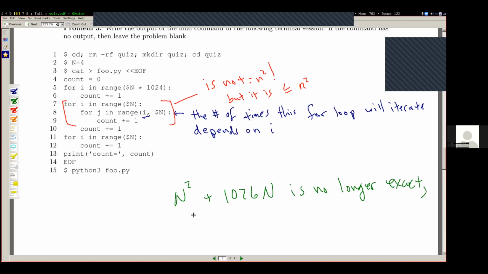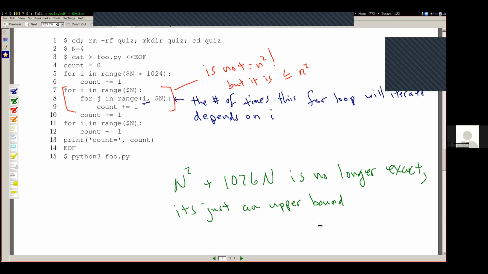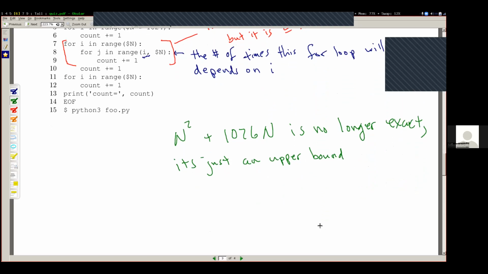It's just an upper bound. And the O notation is what we should think of when we think of upper bounds. We'll be able to say that our f is less than or equal to this thing right here.